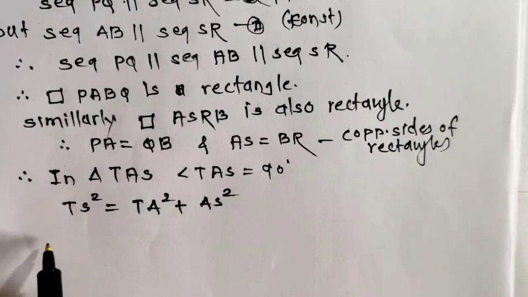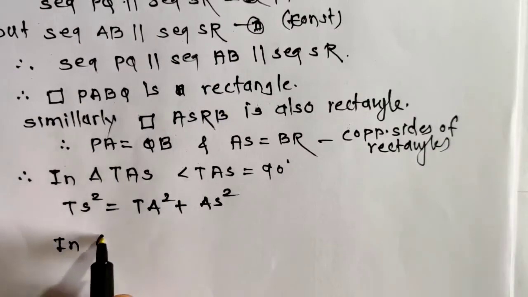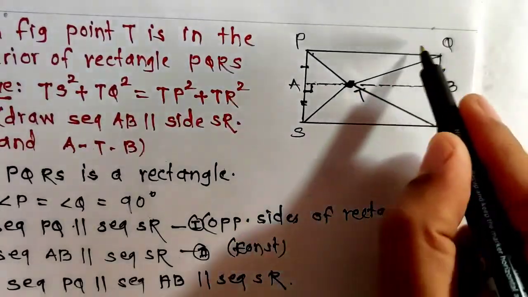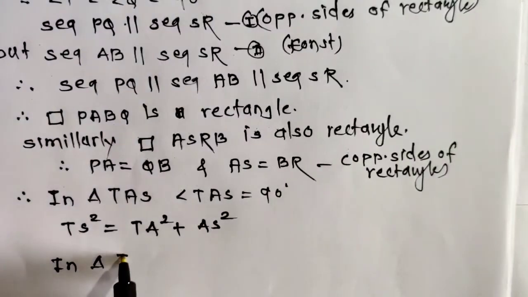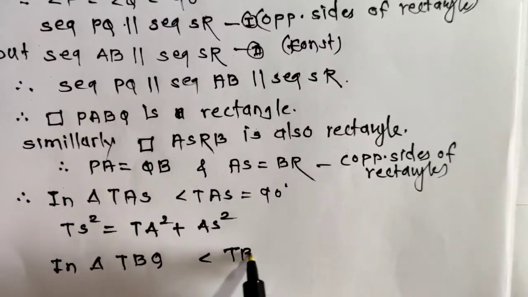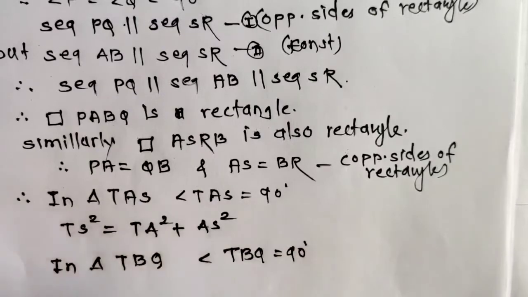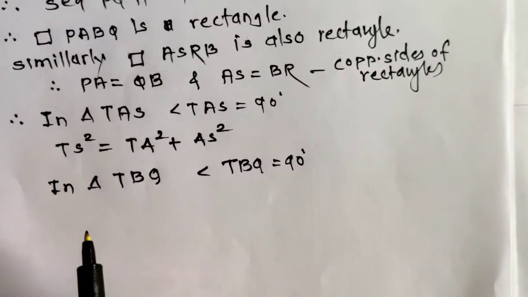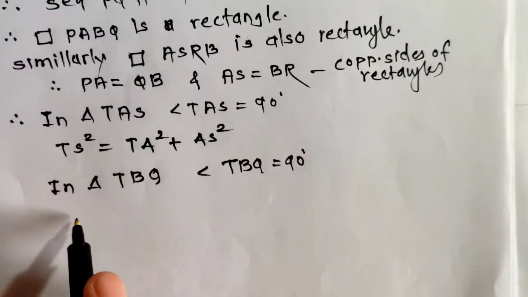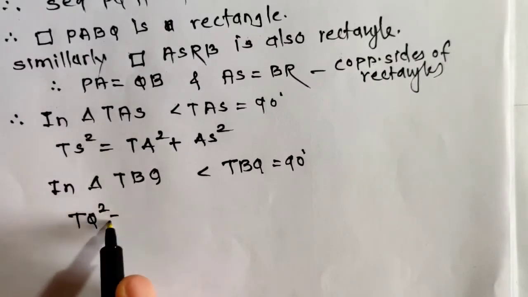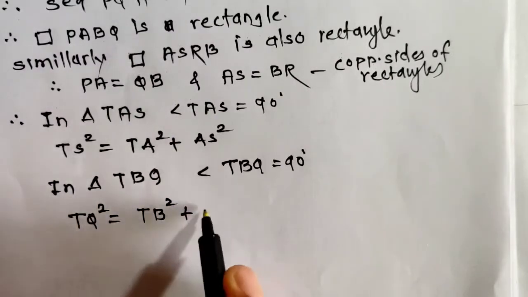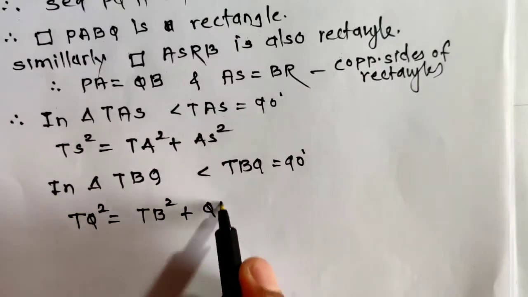Now second thing, in triangle TBQ, use Pythagoras. In triangle TBQ, angle TBQ is 90 degrees. Therefore by Pythagoras what we get? TQ square is equal to TB square plus QB square.